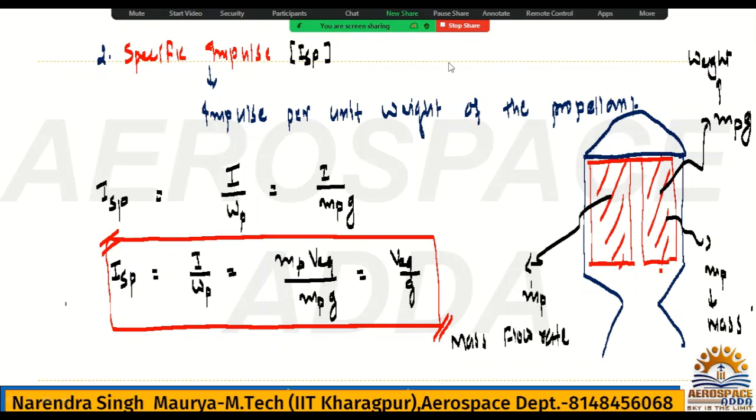I is total impulse, and MP is the total mass of expelled propellant. All the notation is basic, as I have repeated many times, so I'm not going to write every time what V equivalent, MP and I are. I explained it at the start, so you need to consider that, because writing the same thing every time is not good. Now this formula you can also write in terms of thrust.